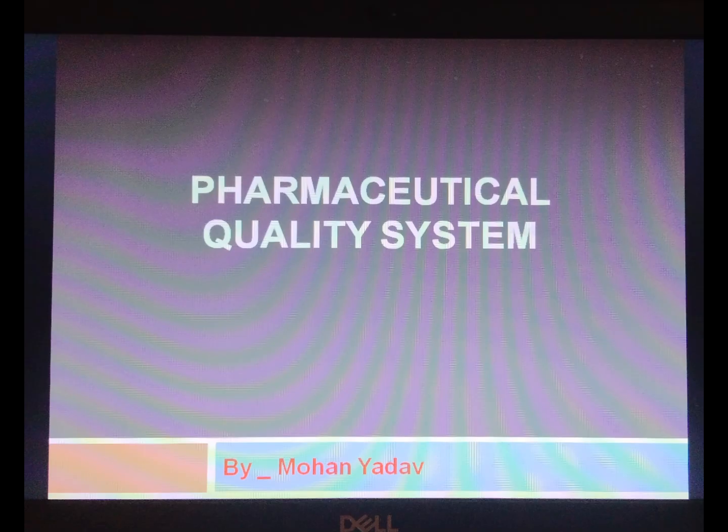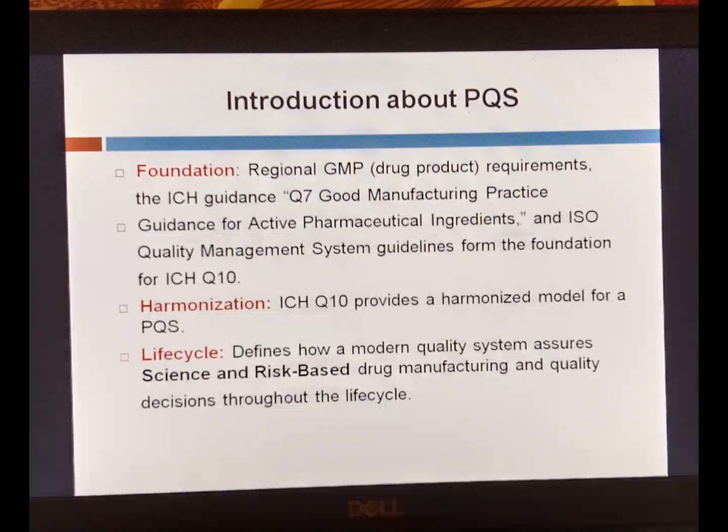Friend, today our topic is Pharmaceutical Quality System, that is PQS, ICH Q10. Introduction about PQS. Foundation: regional GMP, that is drug product requirements, ICH Guidance Q7, Good Manufacturing Practices Guidance for Active Pharmaceutical Ingredients, and ISO Quality Management System guidelines form the foundation for ICH Q10.